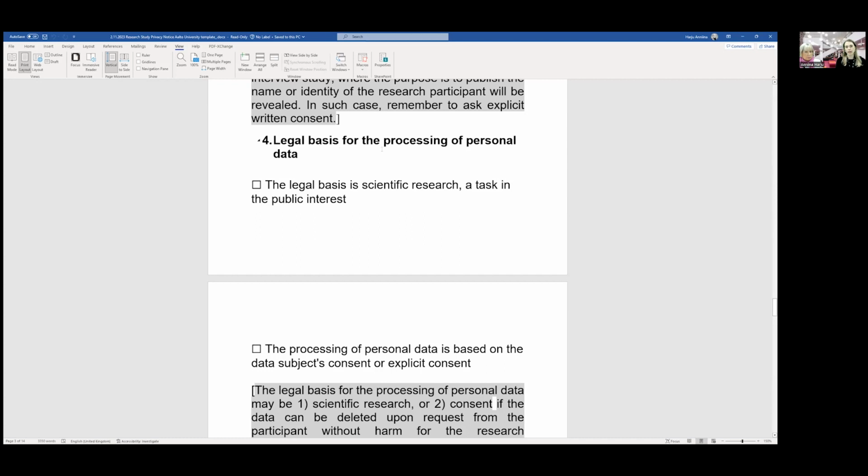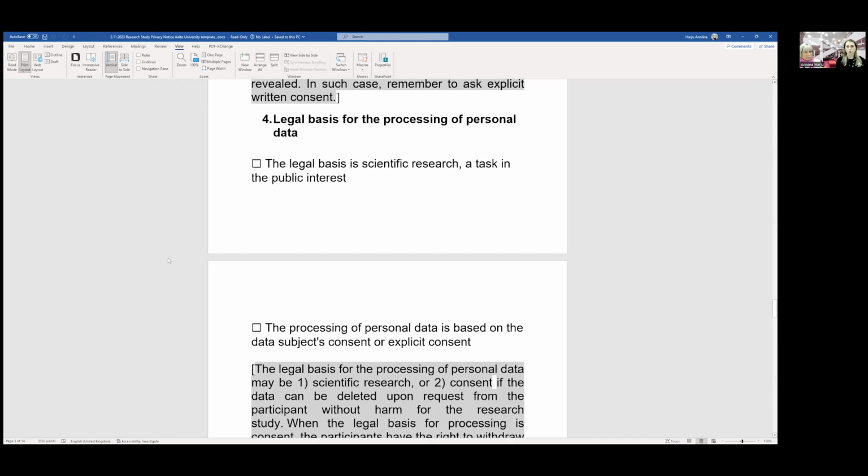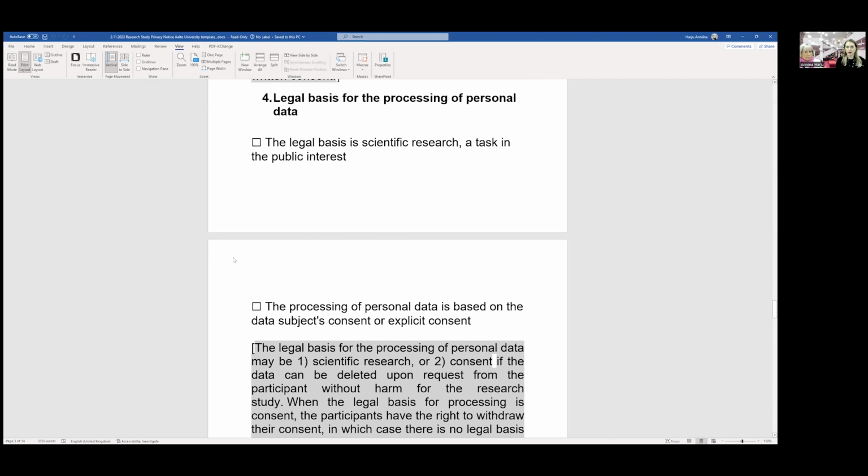So in most cases, if you are at least a doctoral student employed by Aalto University, or you are a master's student working in a professional research group, always choose scientific research as your legal basis. What we receive a lot are privacy notices where consent has been chosen, because people easily mix it up with ethical consent.